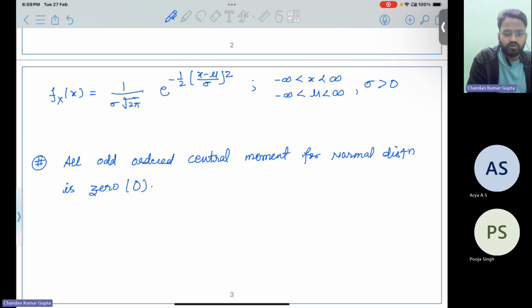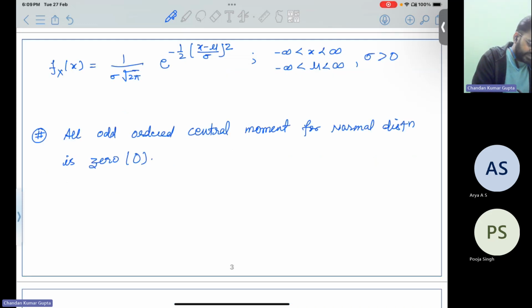So for all odd order central moments are 0 in case of normal distribution. And for even order, the central moment will be written like this.